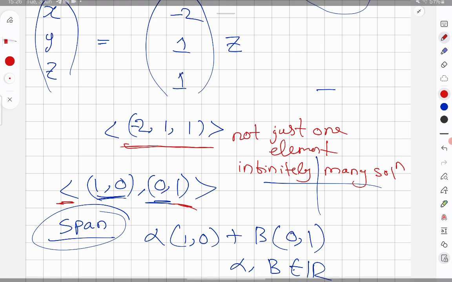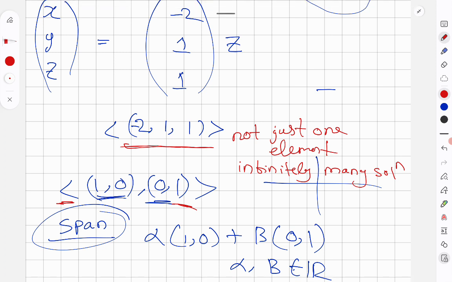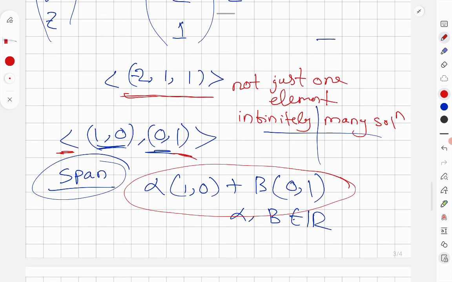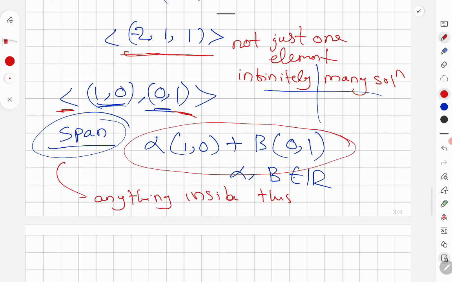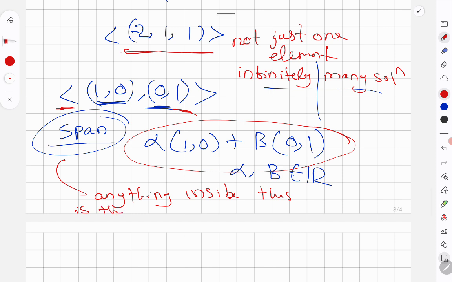In linear algebra, for a linear combination you have to have two properties: one is addition and subtraction, and the other one is multiplication. Using these properties, you can reach every single combination. So in short, anything inside this is a linear combination of them.